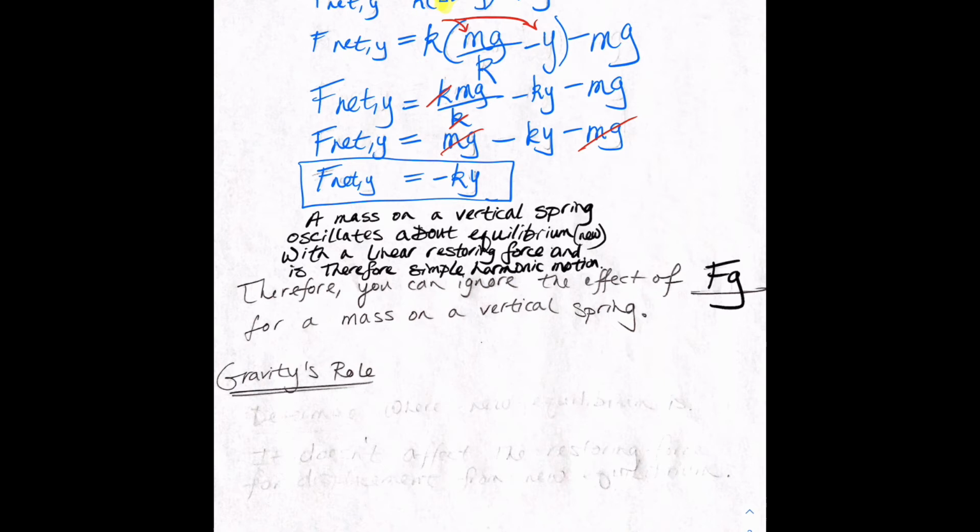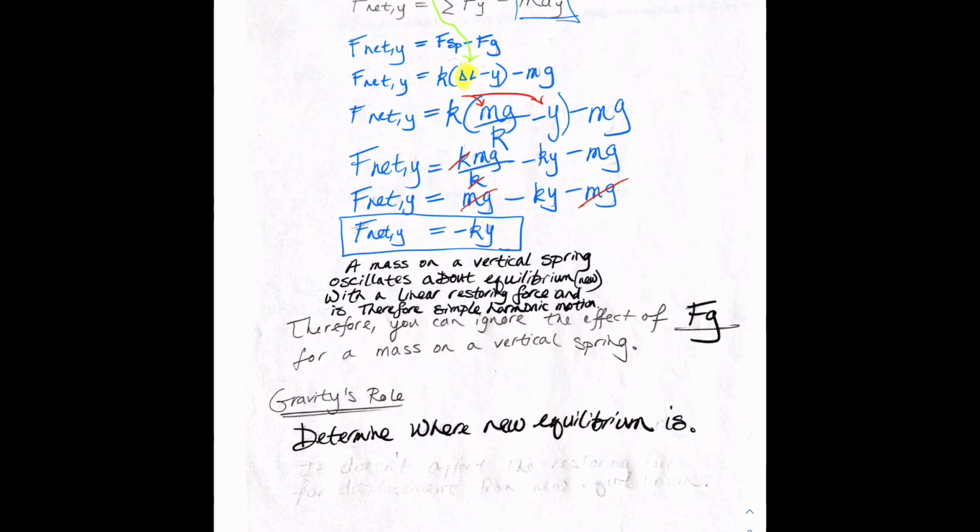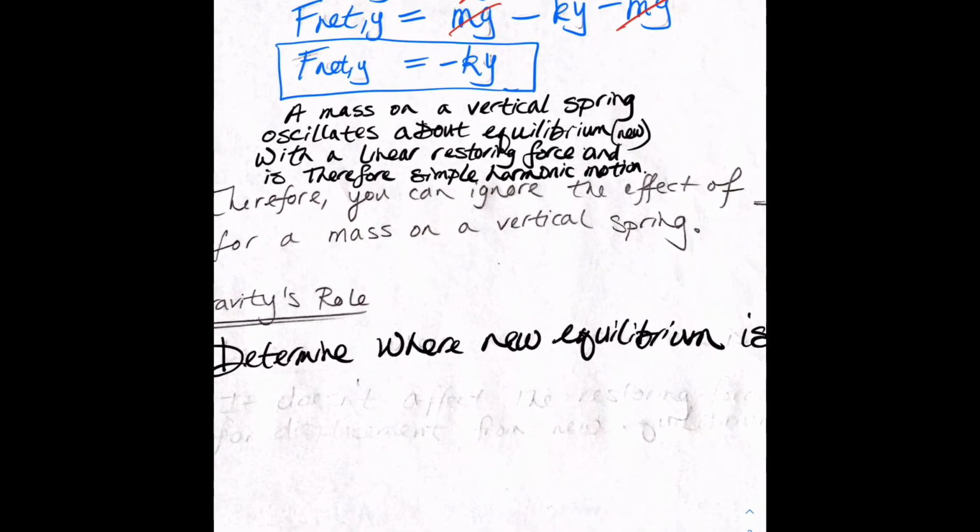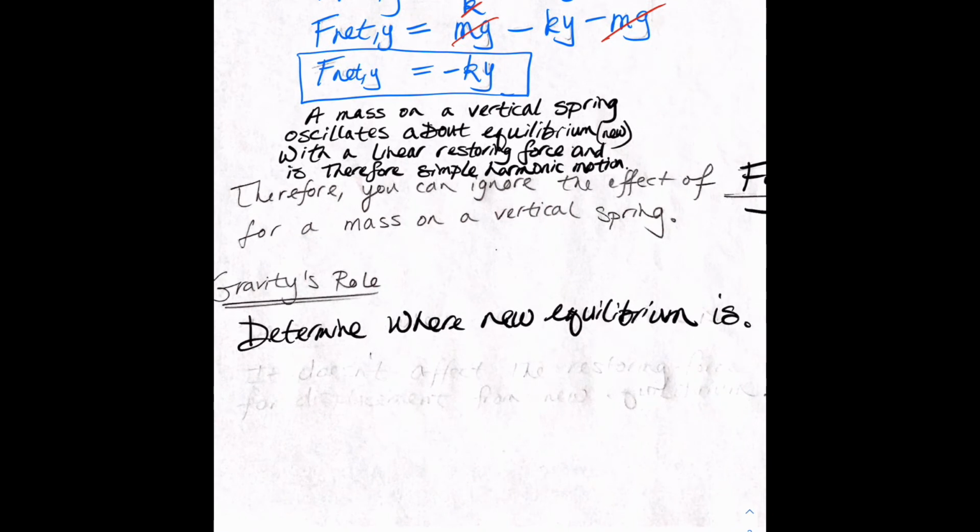So what is gravity's role then? A couple things. Determine where the new equilibrium is. Well, that's really it. And that's kind of the idea that when we displace it a distance from the new equilibrium, gravity doesn't affect the restoring force.